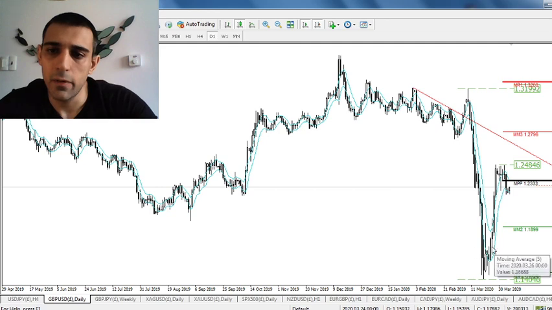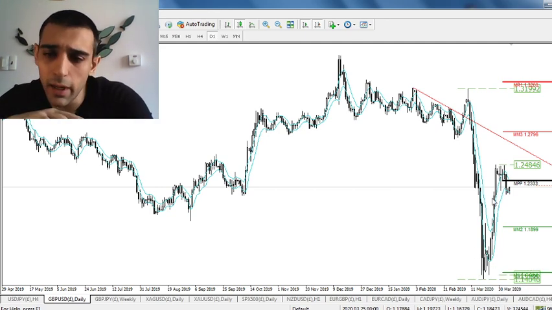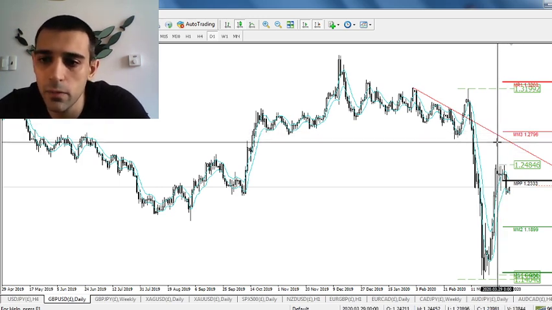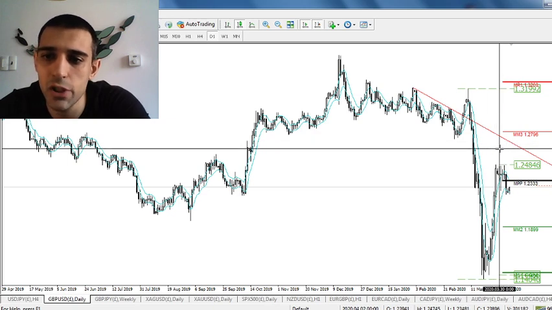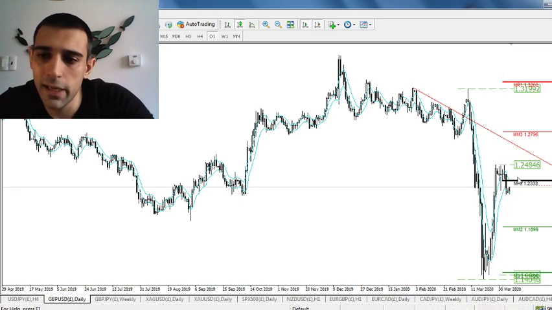On the daily time frame, we had this strong move towards the upside. For the last week, we had these indecision candles here, and then price dipped down, and now it's kind of coming up.